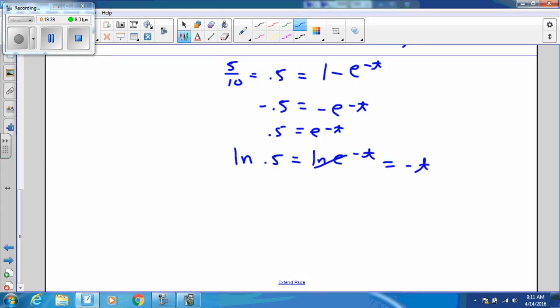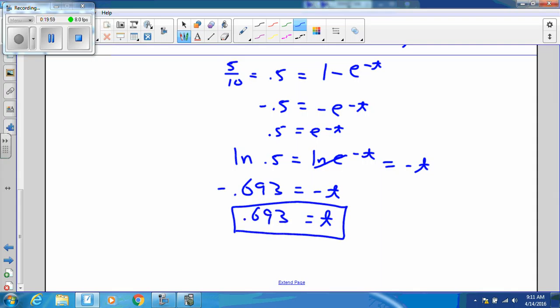I'm going to take the natural log of both sides. On the right-hand side, the natural log cancels the exponential and leaves me with negative t. On the left-hand side, I get ln of 0.5, which the calculator will tell me is negative 0.693. And so therefore, t is equal to 0.693 seconds.